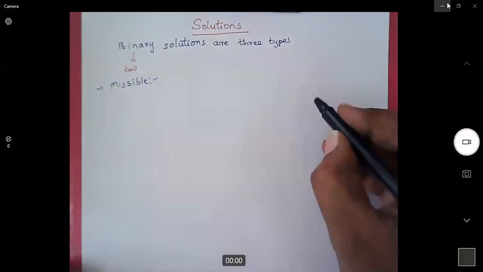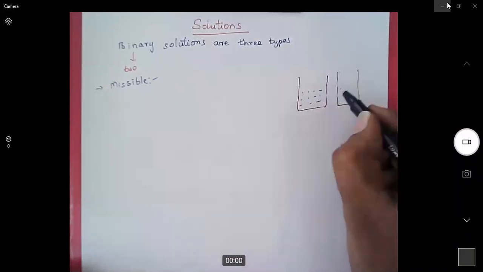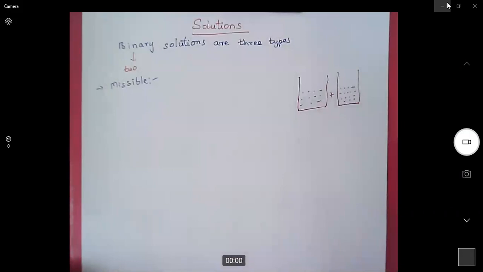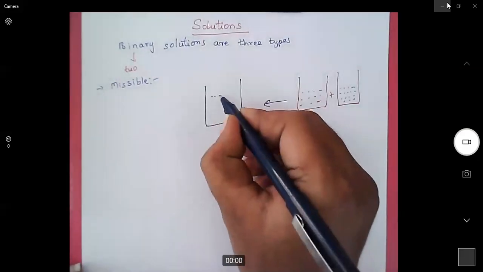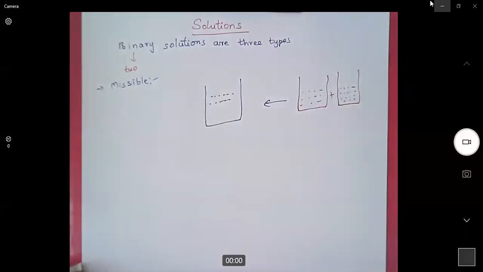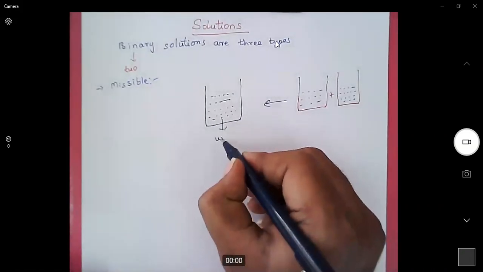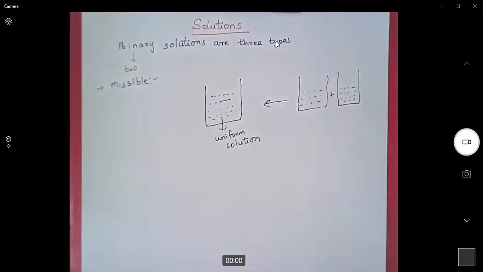When we mix two different solvents or two different compounds, if they result in giving a uniform mixture, if both these components mix with each other in all respects and give a uniform solution, then this type of solvents or compounds are called miscible compounds.